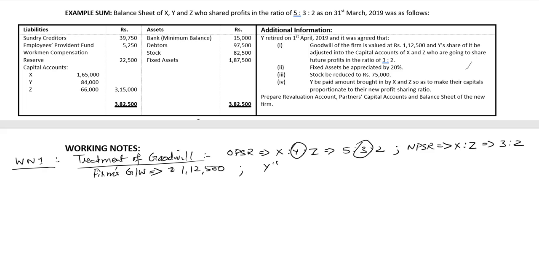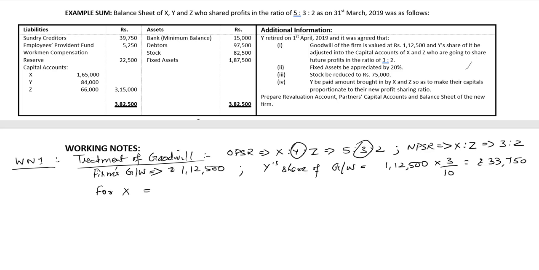So Y's share of goodwill is equal to 1,12,500 rupees multiplied by 3 divided by 10. This is equal to 33,750 rupees.